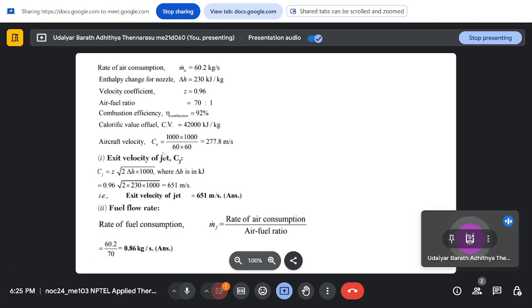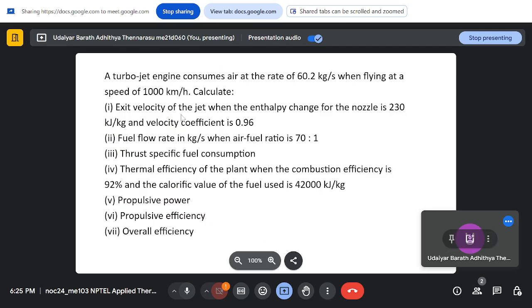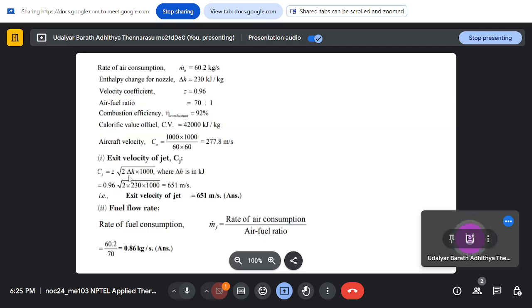Now the jet velocity, or the exit stream. The exit velocity of the jet, if you apply the first law for the control volume across the nozzle, there will be dE CV by dt plus enthalpy at exit minus enthalpy at inlet equals Q minus W. Assuming steady state, dE CV by dt will be 0, and there is no heat transfer and no work, so Q minus W is 0 for the nozzle.